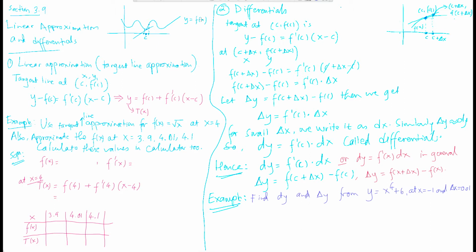What we do instead is we find the equation of the tangent line at the point c, and then find the height of the tangent line instead of the height of the function, which is supposedly complicated. What we do is we find the height of the tangent line near c. That height will not be that different.